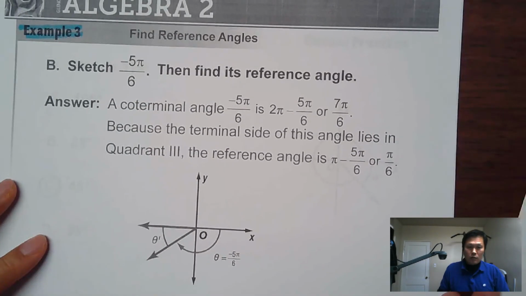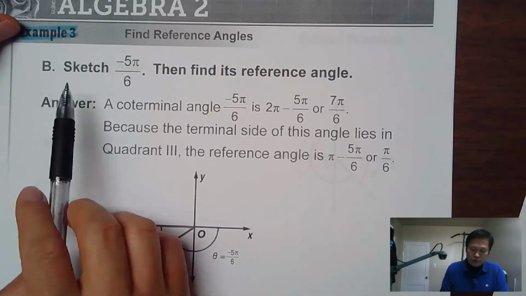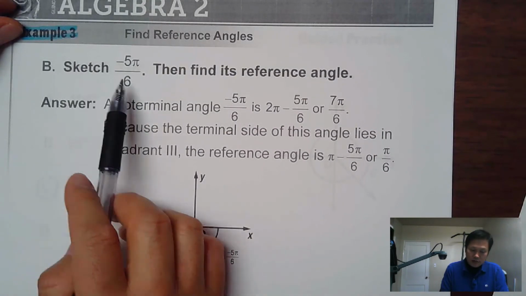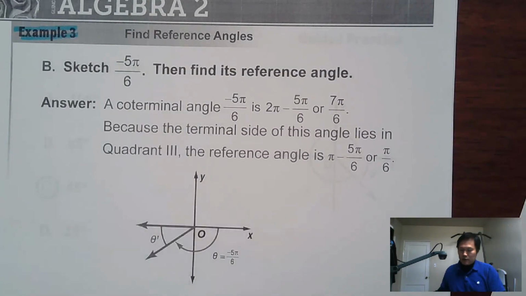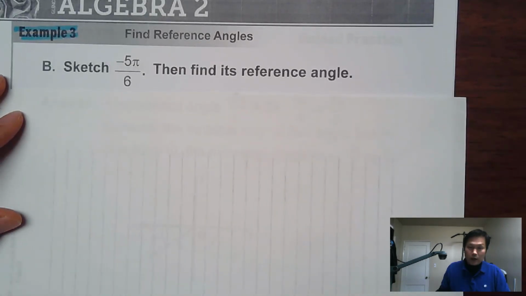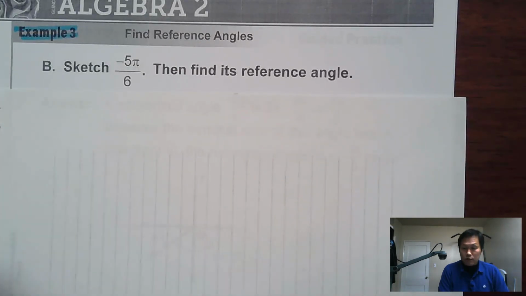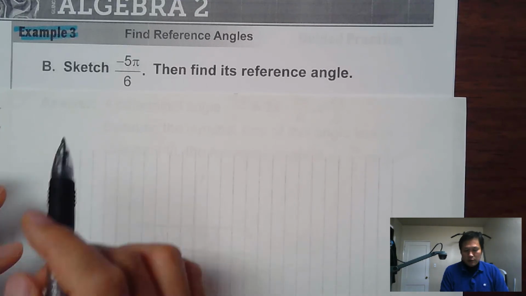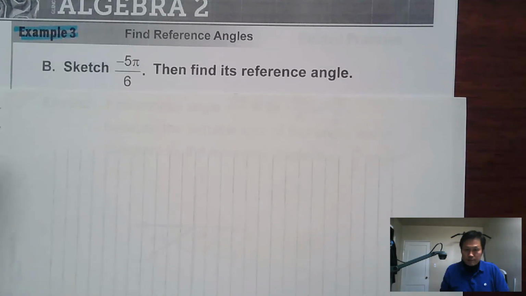Okay. What if we ask you to sketch this, then find its reference angle? It's the same question, but we gave you the angle in radians. If you are familiar with radians, deal with radians directly.